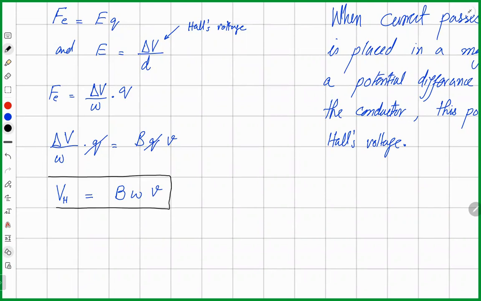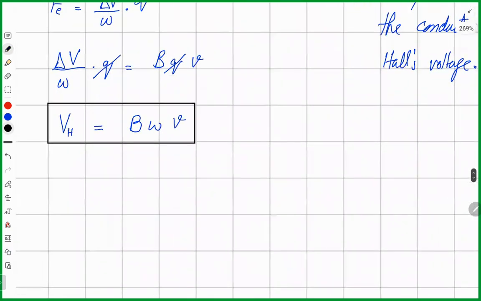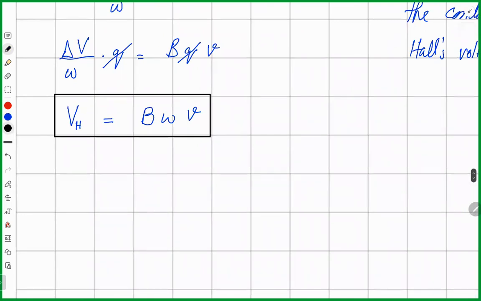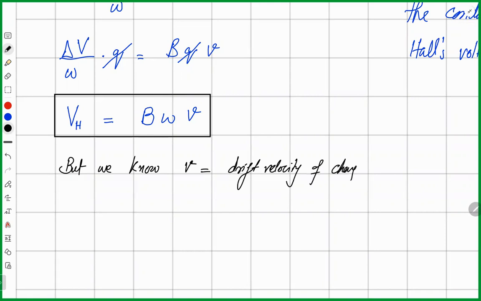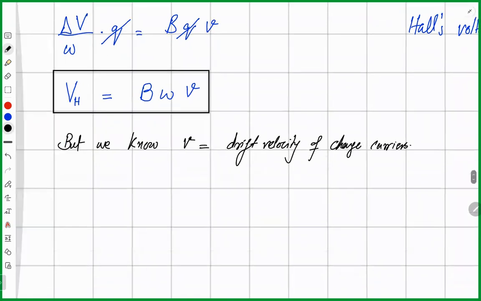So there we go. This is one equation to find Hall's voltage. But we know V, which is velocity, equals drift velocity of charge carriers.